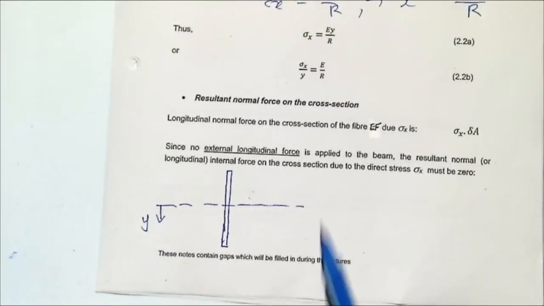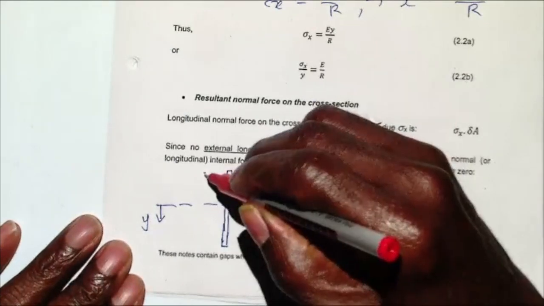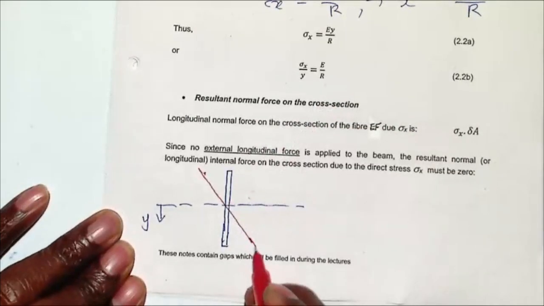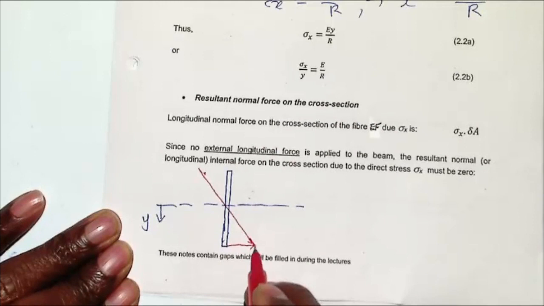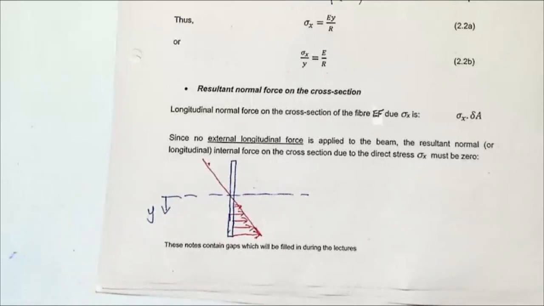So I know the stress is changing linearly with y. Where y has the maximum value, I'll have tension and compression. I'm going to draw that line like that. We know here it is being stretched, and at the top it is being pushed in.